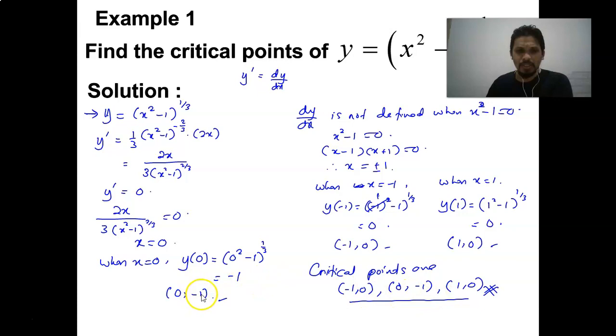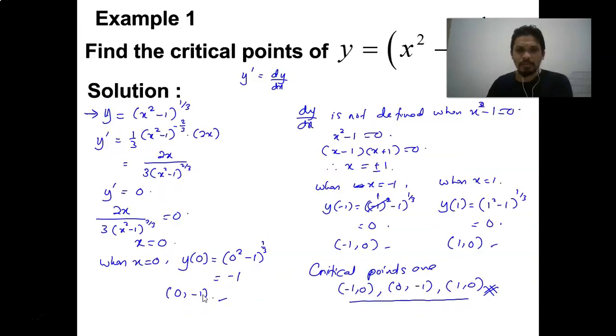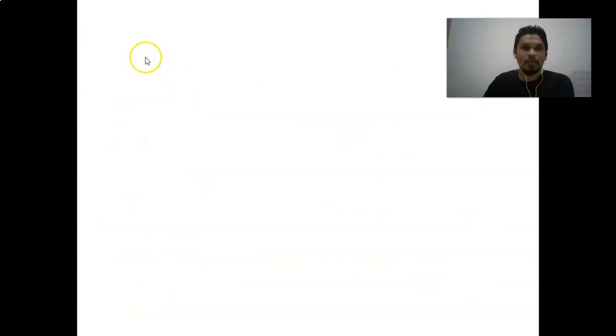Okay, let's try. The function of this, y equals (x squared minus 1) to the power of 1 over 3.